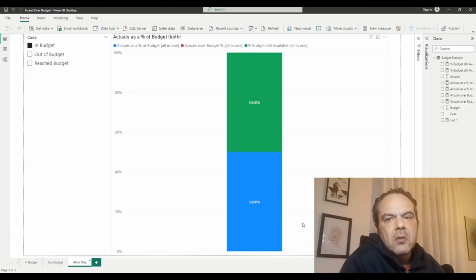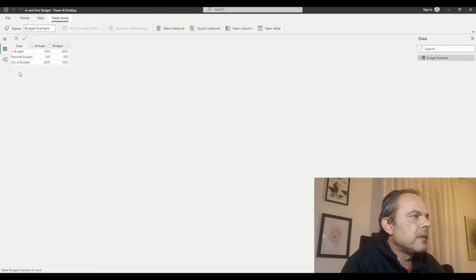So let's go over the mock data that I'm using in this example to start with. We have three cases: the in-budget case, where the actuals are less than the budget. The actuals are 1,000, which is 50% of the assigned budget of 2,000 euros.